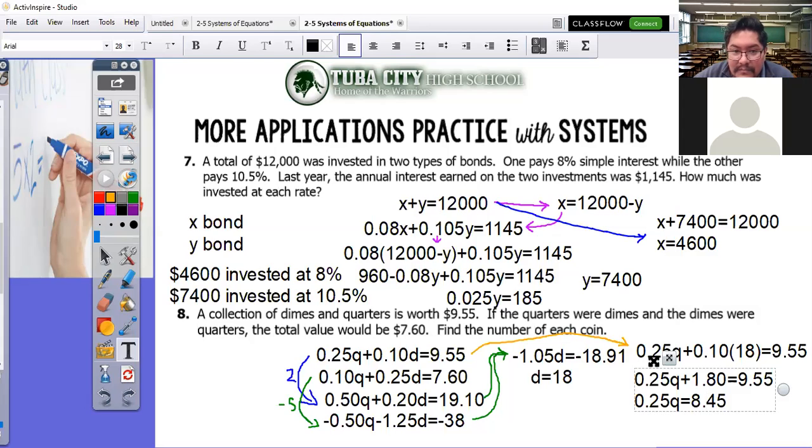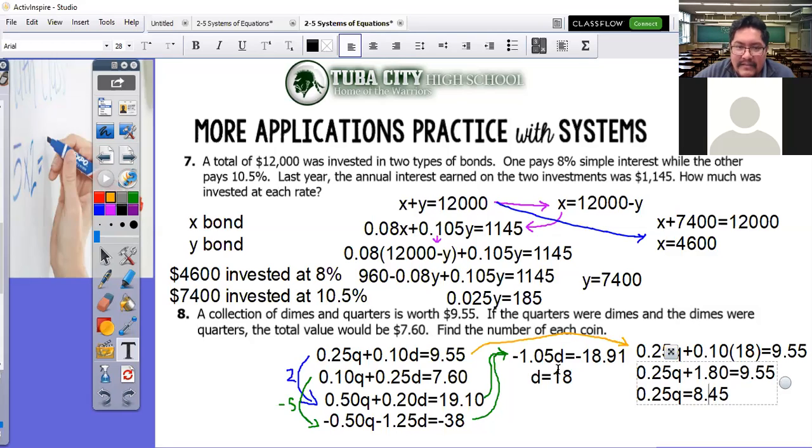All right, that is $9.55, and that is the original equation. All right, something has definitely gone wrong here.